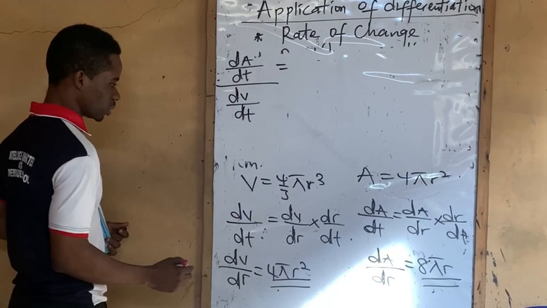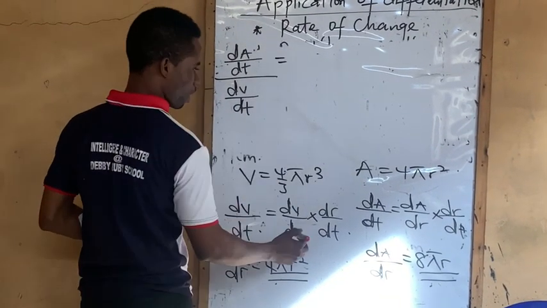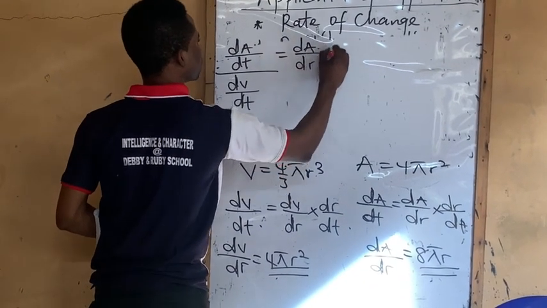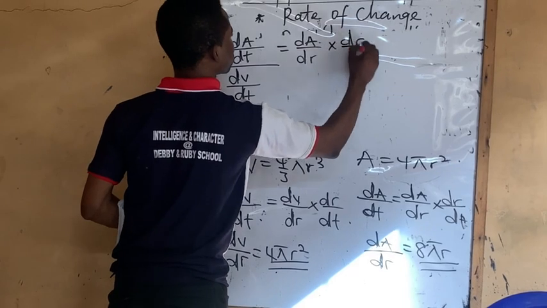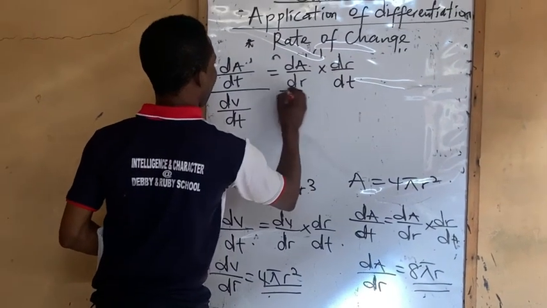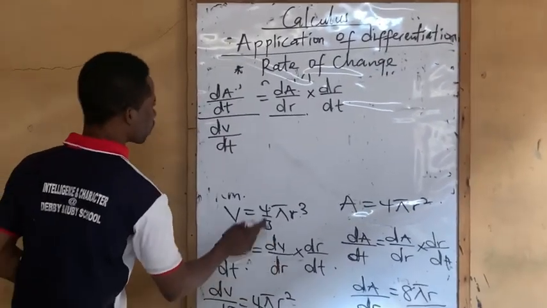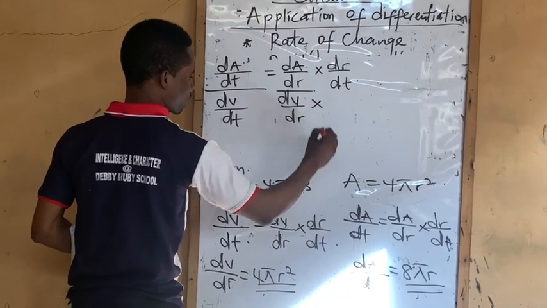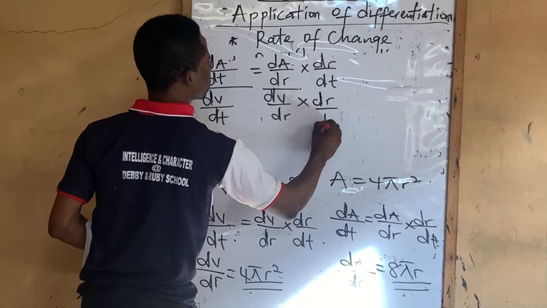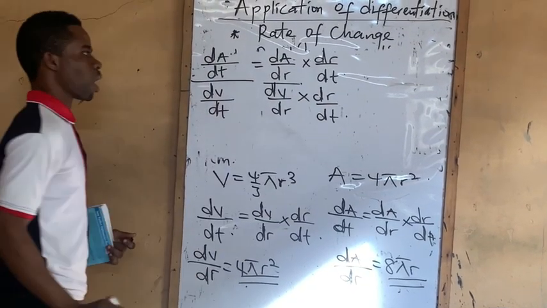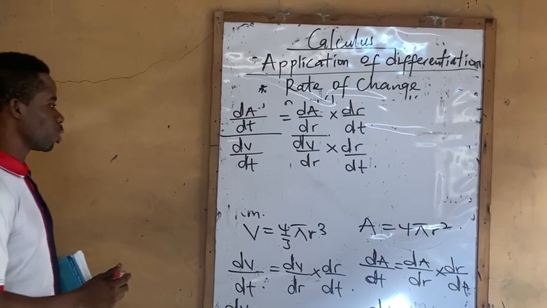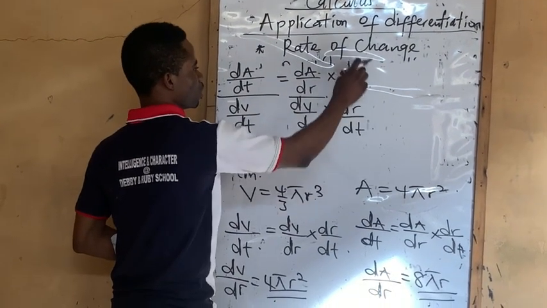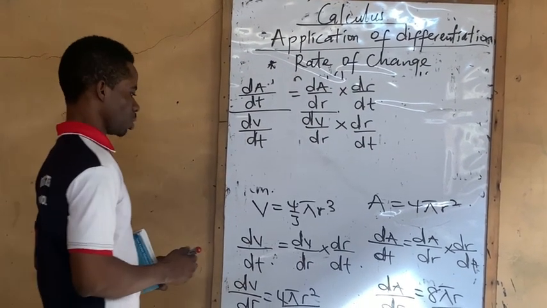And my dA/dt gives me dA/dr multiplied by dr/dt, while my dV/dt gives me dV/dr multiplied by dr/dt. Now, when we look at it very well, we discover that these two dr/dt give me 1.